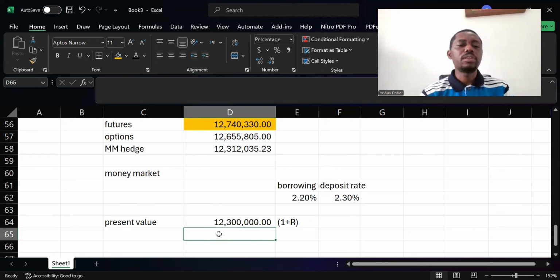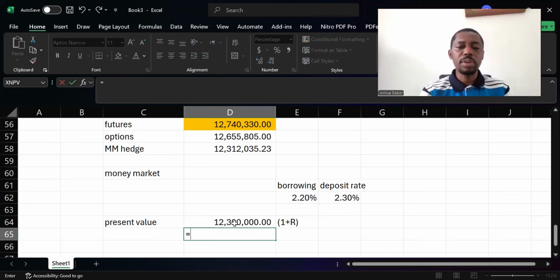So what will now be the present value of the amount to be borrowed will now be equal to this amount times 1 divided by 1 plus R. Okay.